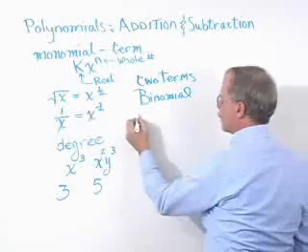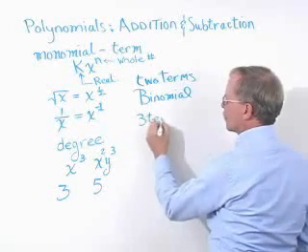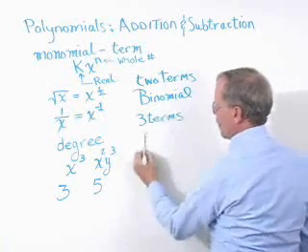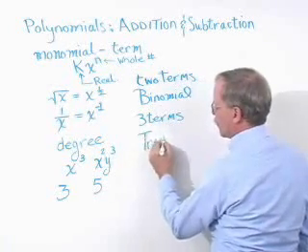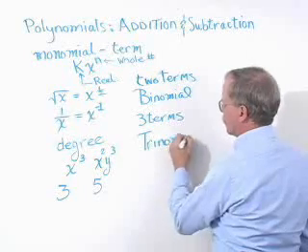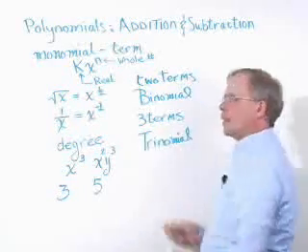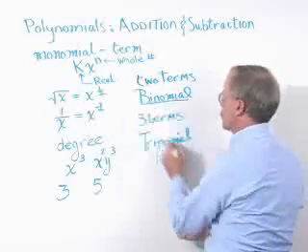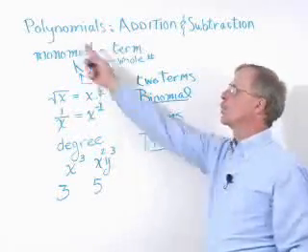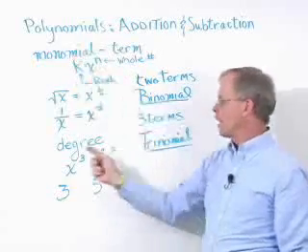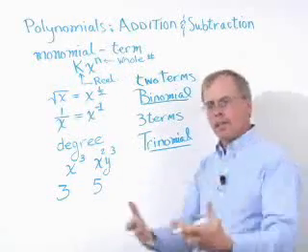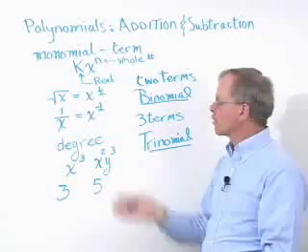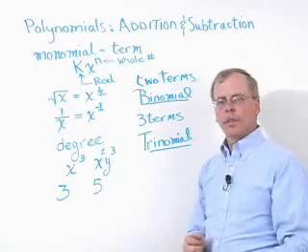And if you have 3 terms, you have a trinomial. Now, in the context of our problems, we'll discuss and use these terms, binomial, trinomial, polynomial, monomial, and degree, as we go. So you should familiarize yourself with this vocabulary.